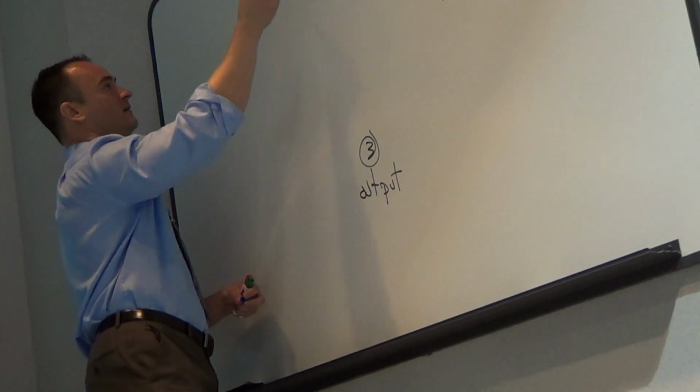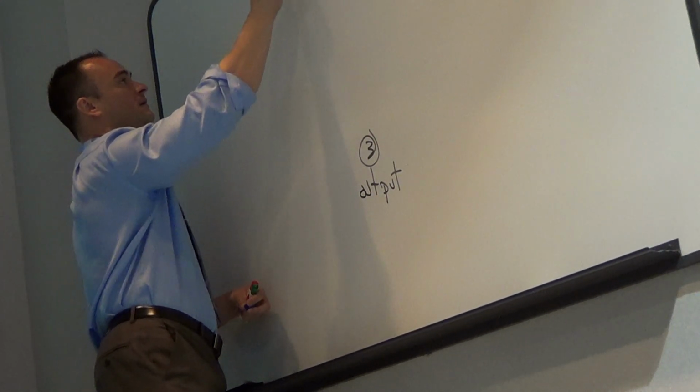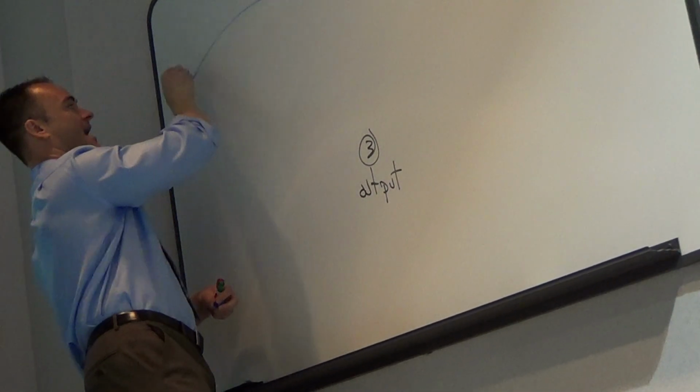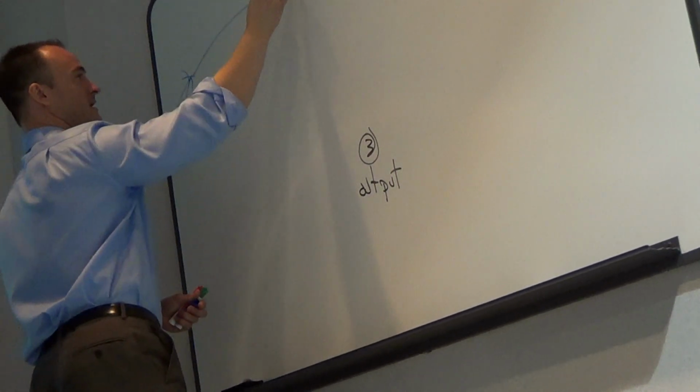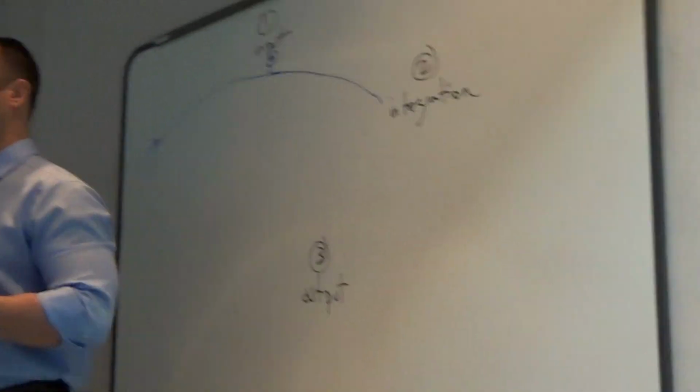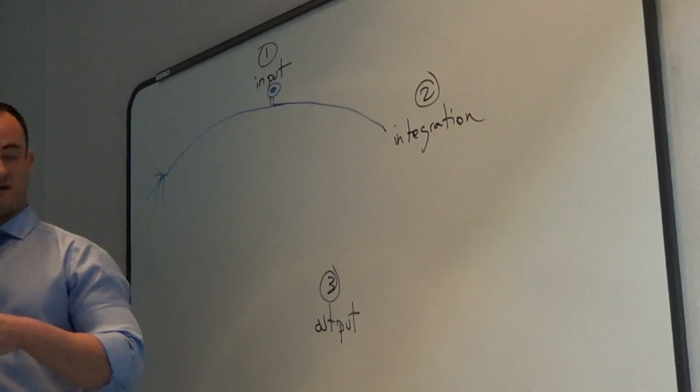So we could draw a sensory neuron with an axon somewhere out in the periphery, and information is going to be sent where for this step number 2? The brain and spinal cord, right?